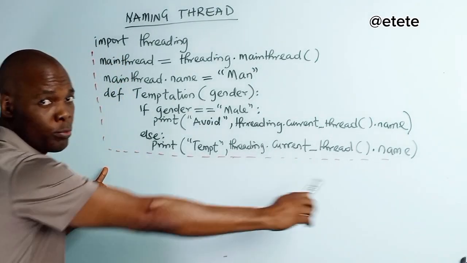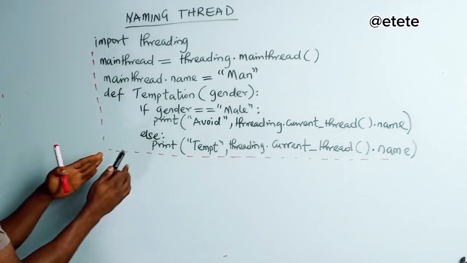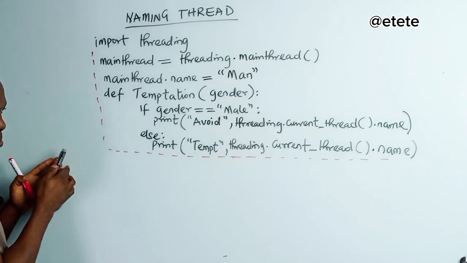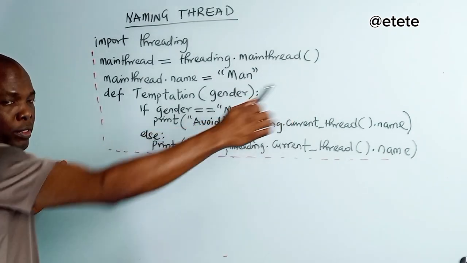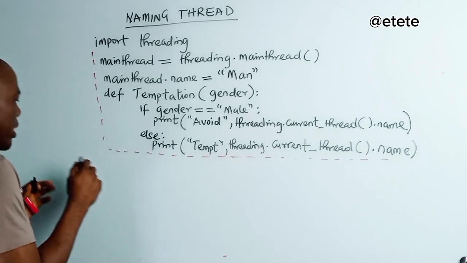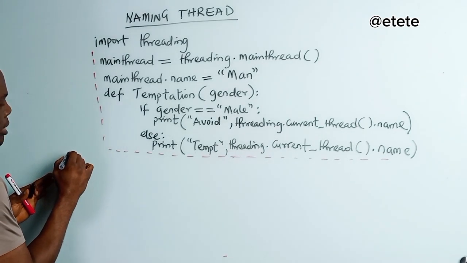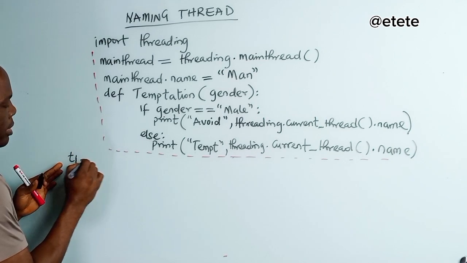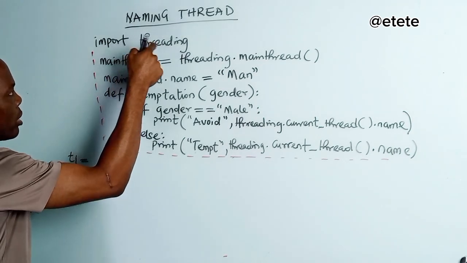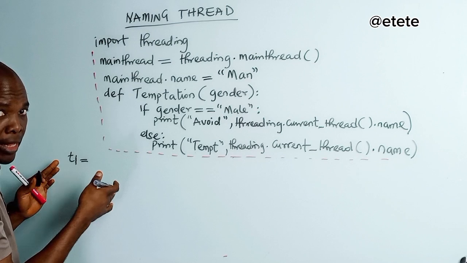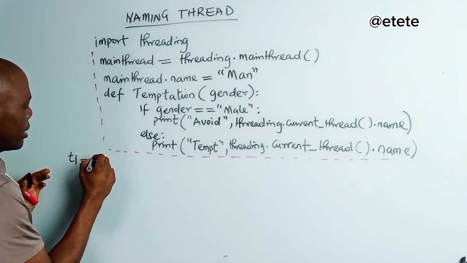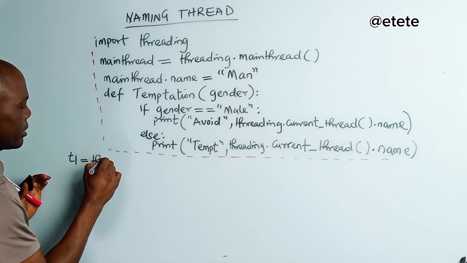I don't think this place will be enough, so I will have to move it back a little, but it should be on the same line. But don't mind that I'm going to write it here because I want it to cover that space. So what I will do is I will come here now and I will say thread one, right? Thread one. And then I will call this my threading.